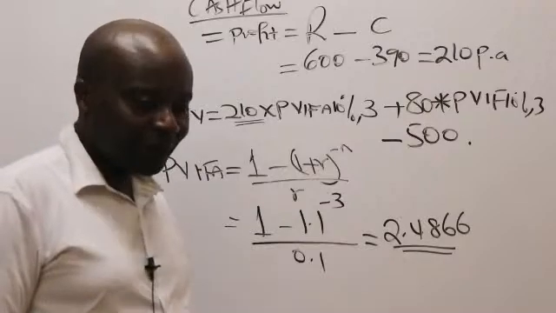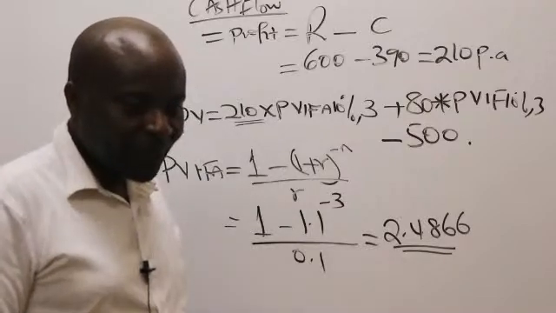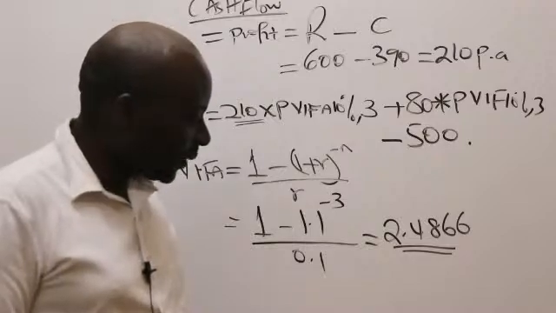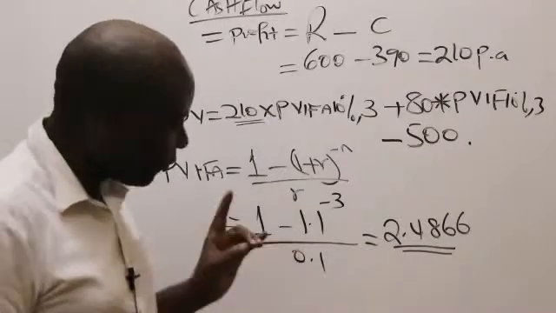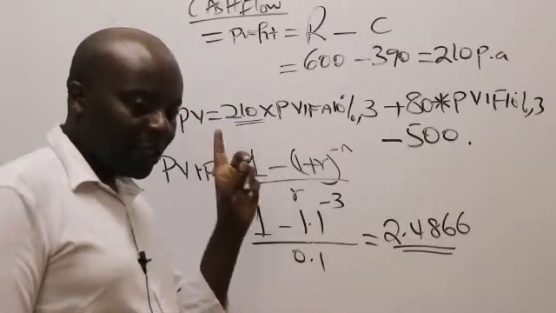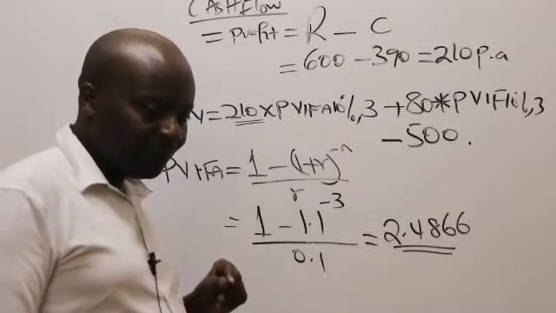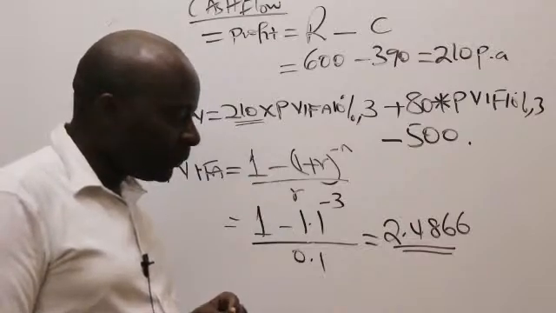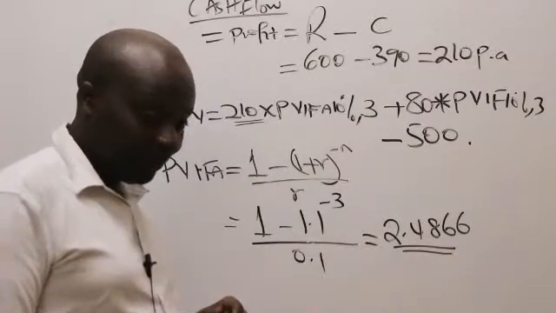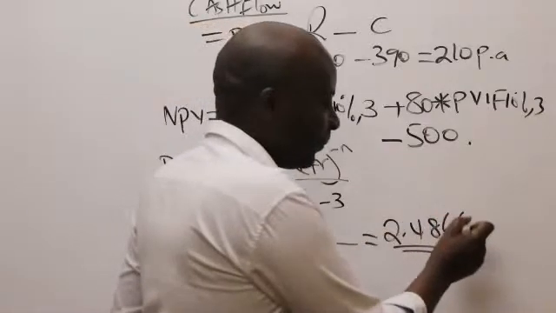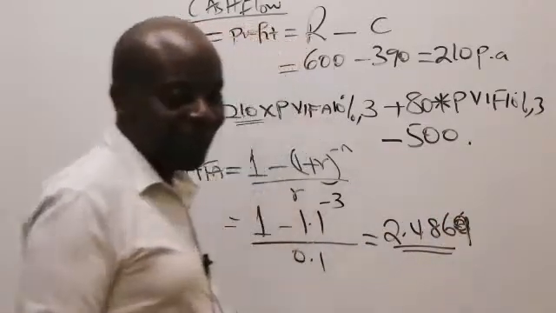Able to get this figure? Is it 2.4868? Let's confirm again: 1 minus 1.1 raised to minus 3 equals. Okay, sir, mine is 2.4869. Yeah. Thank you.